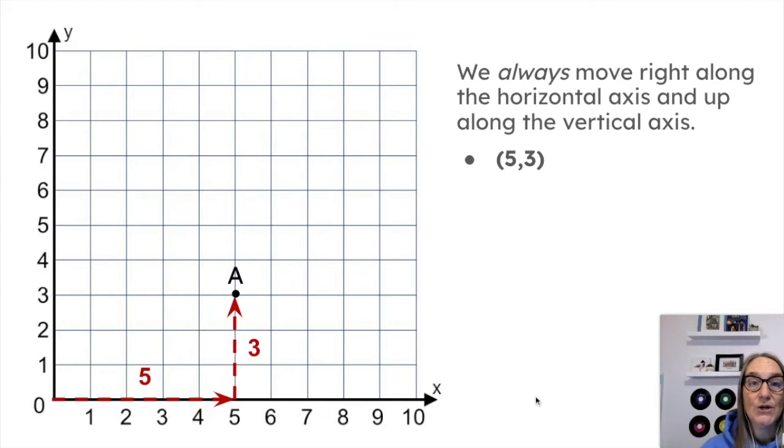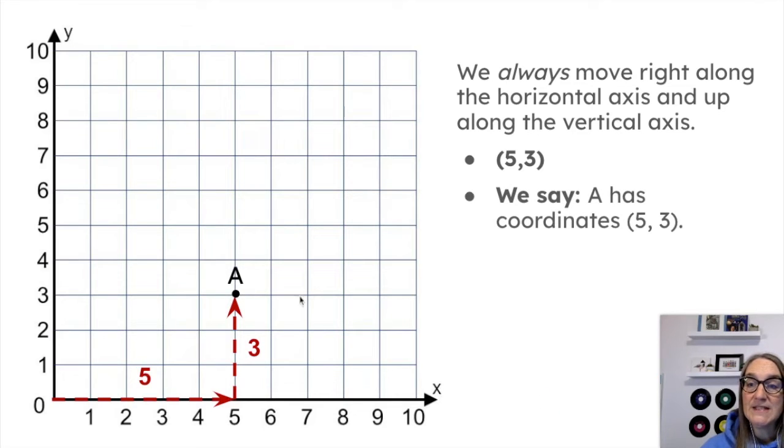These numbers are called coordinates. So we can say point A has coordinates (5, 3). And because the coordinates are always written in the exact same order, we also call these coordinates an ordered pair. So that's a really important vocabulary word for you to know, ordered pair.